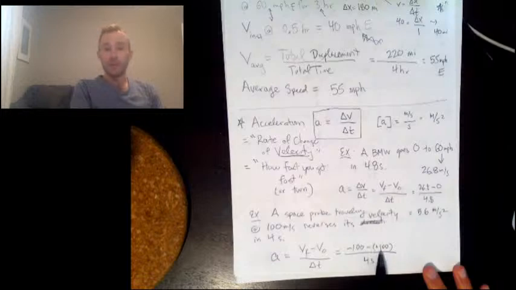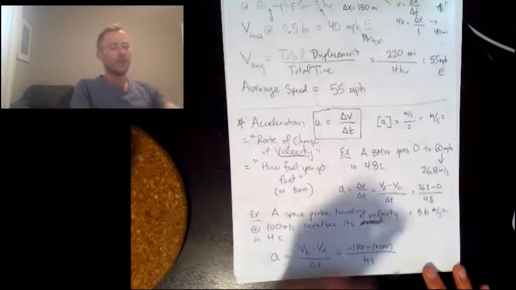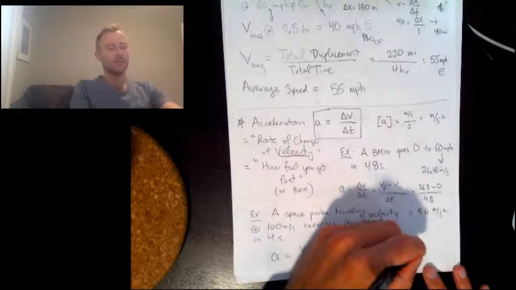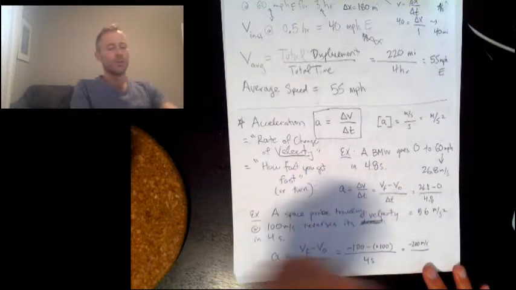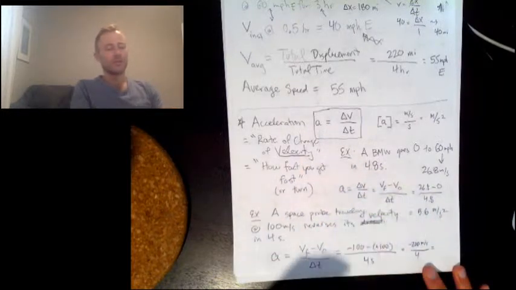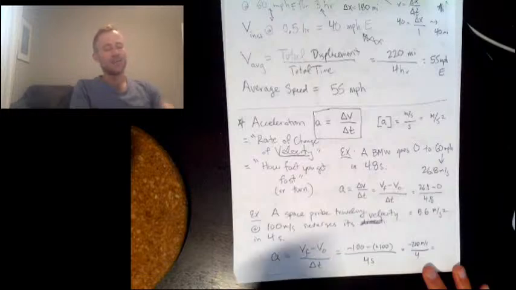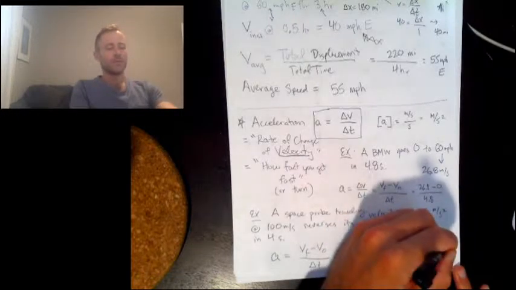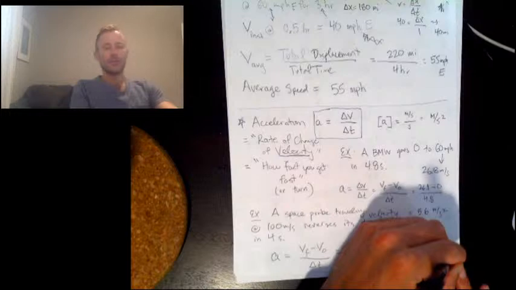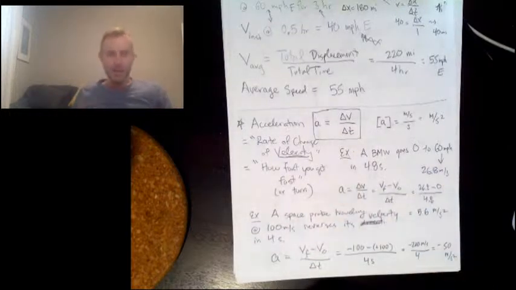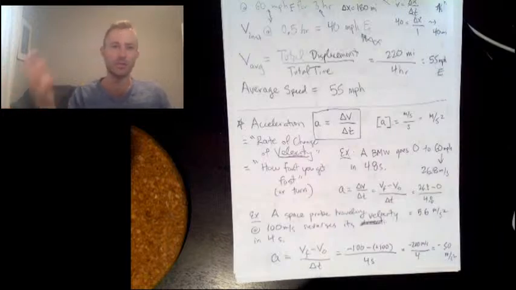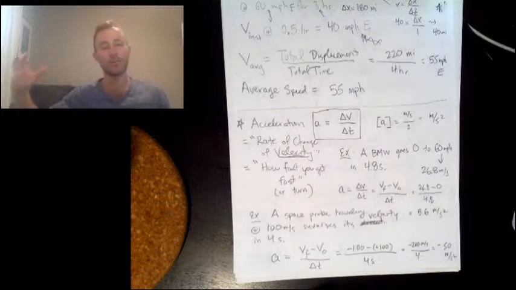We could have double negatives. So this is going to give me minus 200 meters per second in 4 seconds, which is an acceleration of negative 50 meters per second squared. So having a negative acceleration is completely possible. That means that your velocity is changing to a more negative value. A positive acceleration means your velocity is changing to a more positive value.